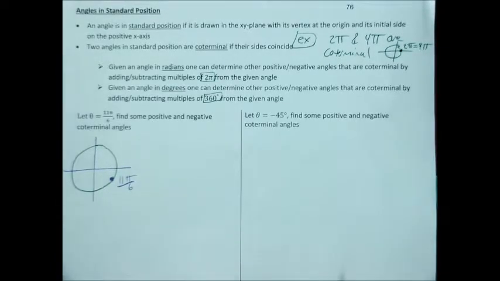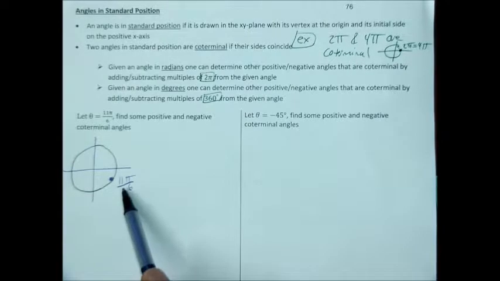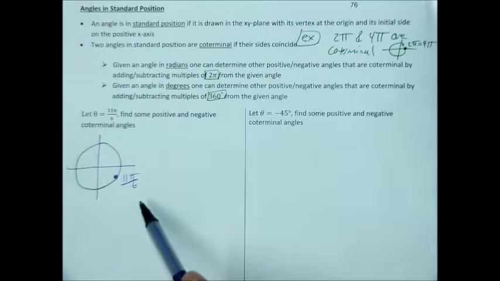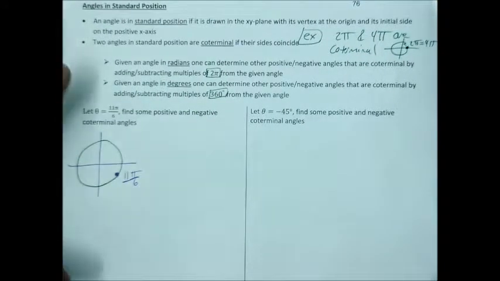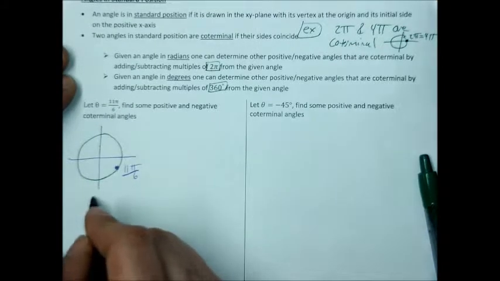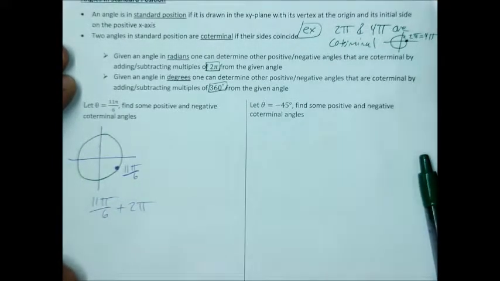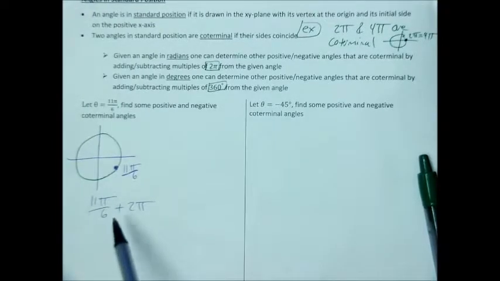If we want to find other angles that are coterminal to this, 11 pi over 6, we can just add 2 pi every time. What we're going to do here is take 11 pi over 6, and we want to add 2 pi to it. If we want to do that, we need to find a common denominator, right?